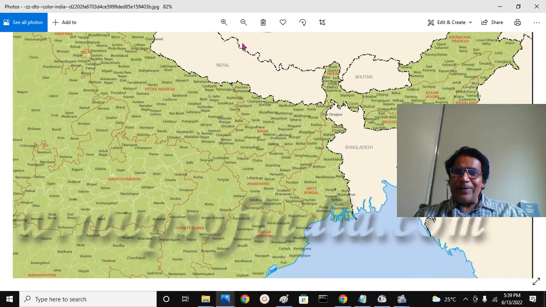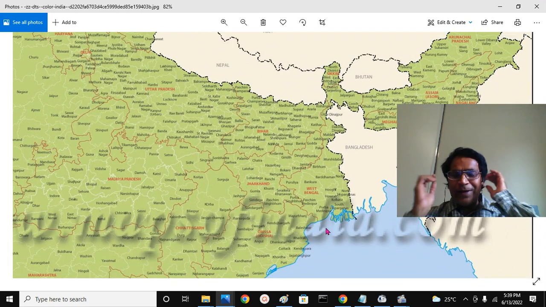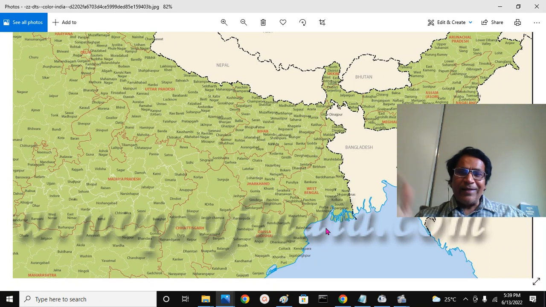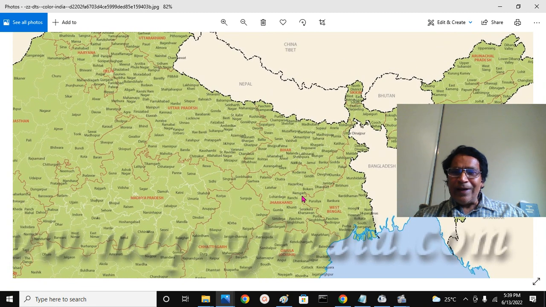Take for example, when the British built their capital Calcutta, it is on the east side of the river Hooghly. When the British built the railway systems after the mutiny, the train ran from Delhi to Howrah, that is, across the river Hooghly. It never crossed into Calcutta until many years later, when technology came and the Howrah Bridge was built.